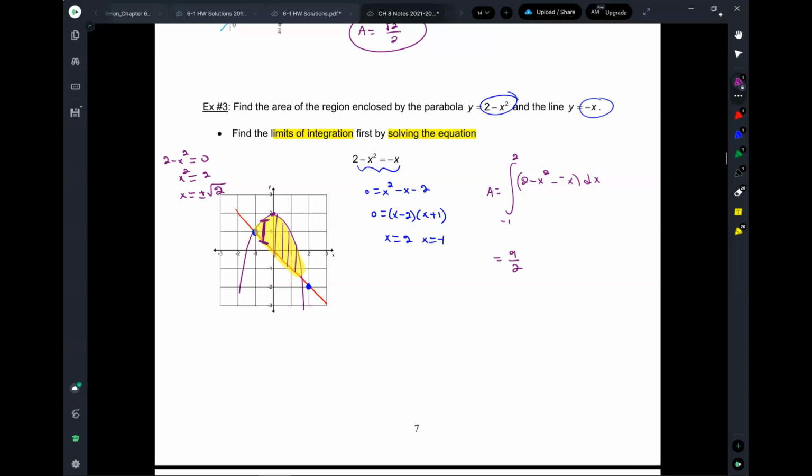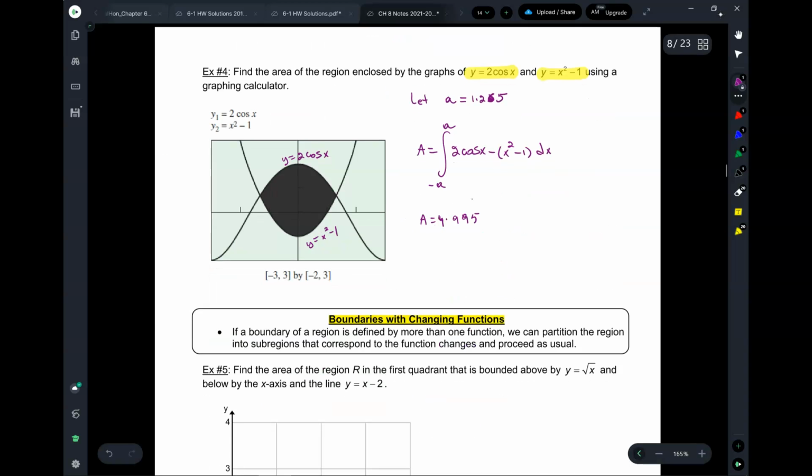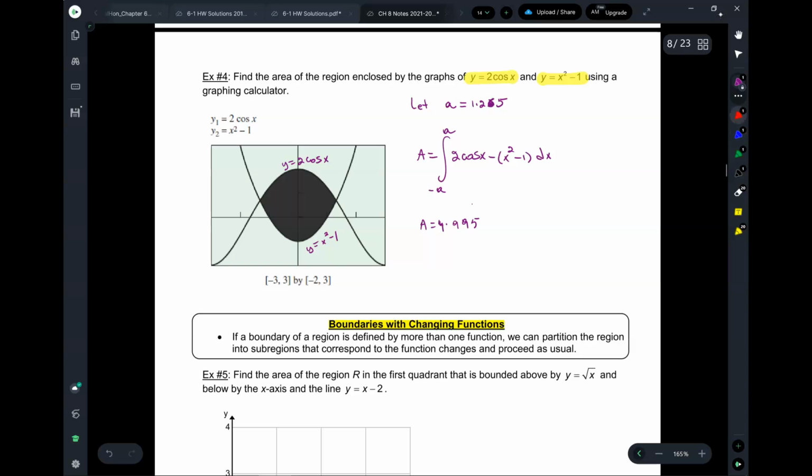Whether it's over there or over here, it's all the same. And here it was the same: the upper one is always the cosine, the lower one is always x squared minus 1, no matter where I am.